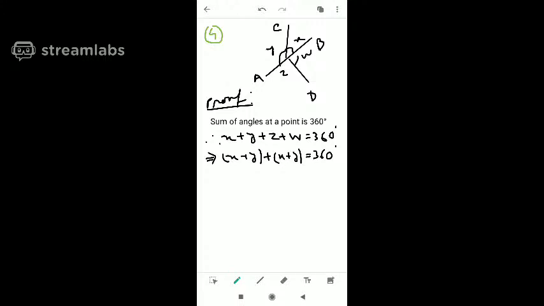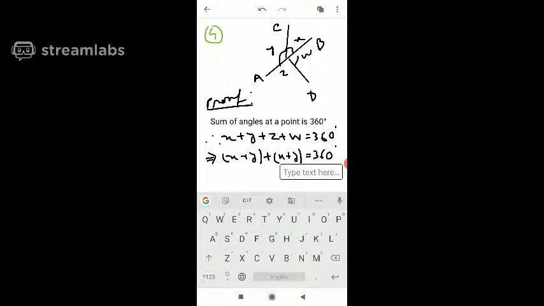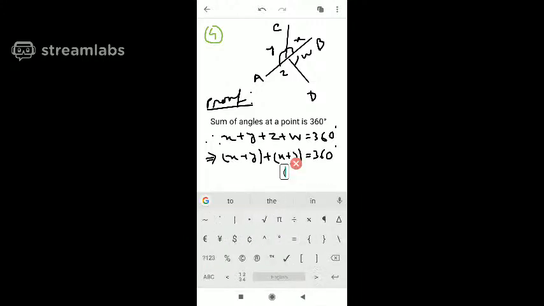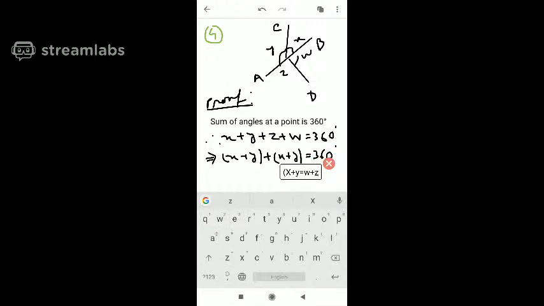So we can write here, since x plus y is equal to w plus z.